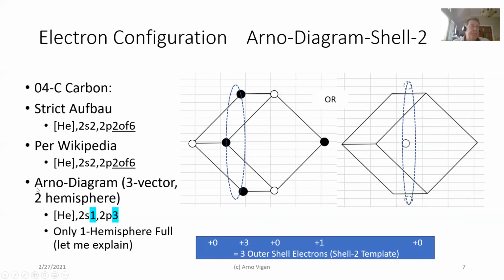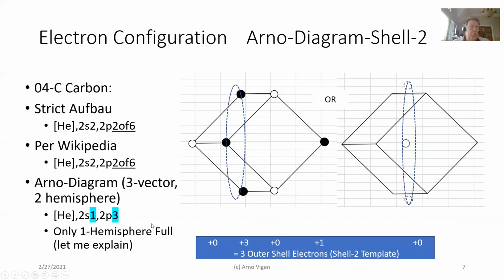Wikipedia says the same. The Arno-diagram, though, says you fill 1, that's full. You fill 3 here, and that's full. And thereby you can get a count of 1 in the left hemisphere, 1 in the right hemisphere, totals to 4 in using the subshell 2 template.